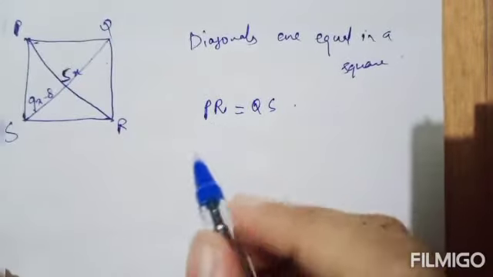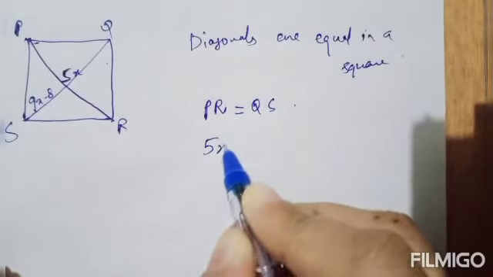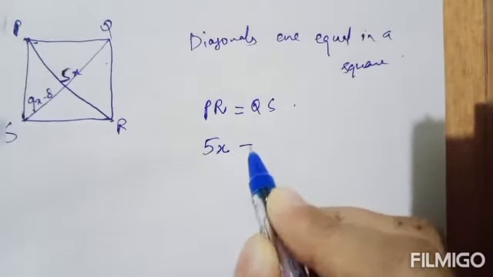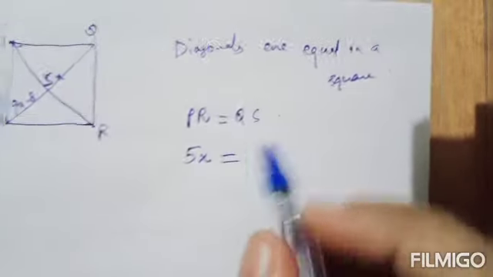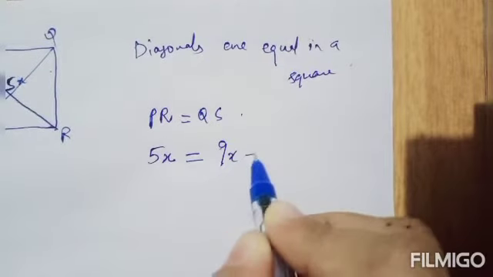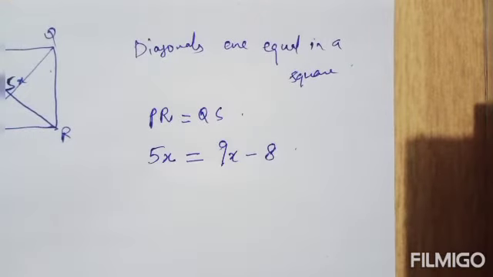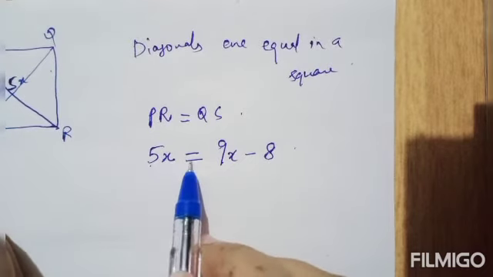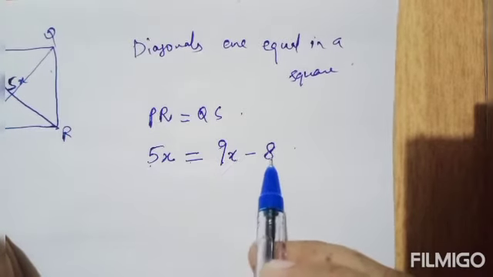So PR, what is given? PR equal to 5x, it is given in the question. So 5x equal to QS, and QS is 9x minus 8. So you can write 5x equal to 9x minus 8.